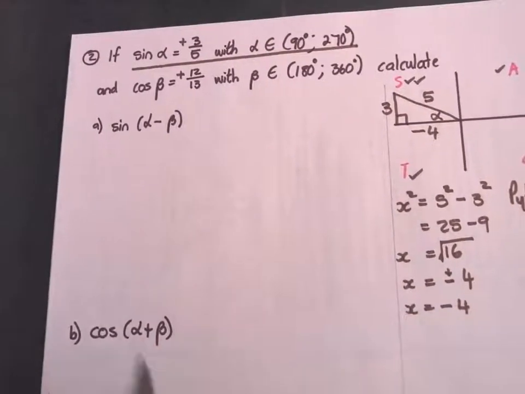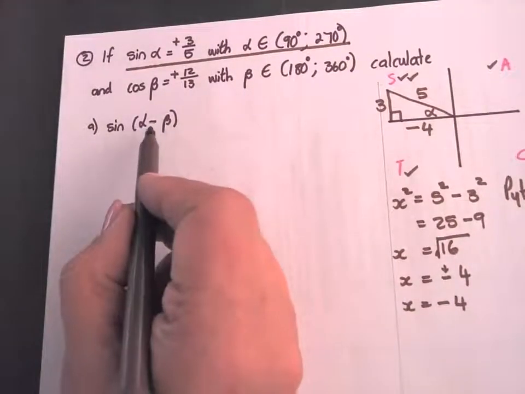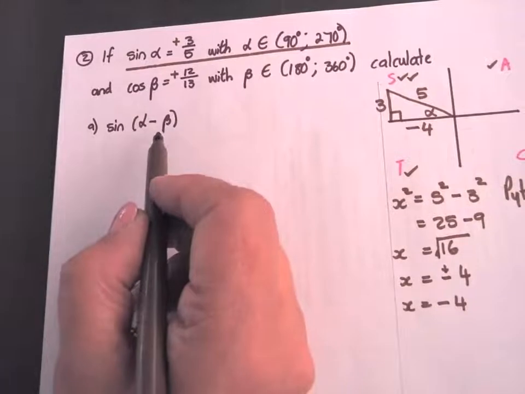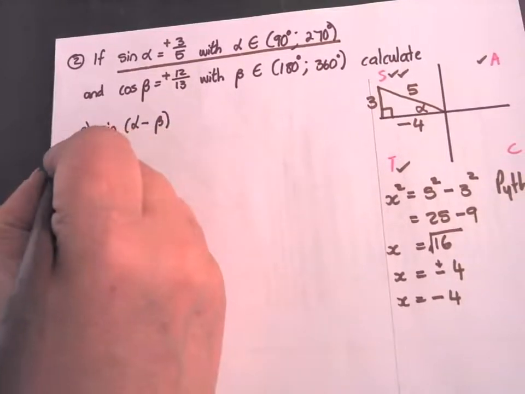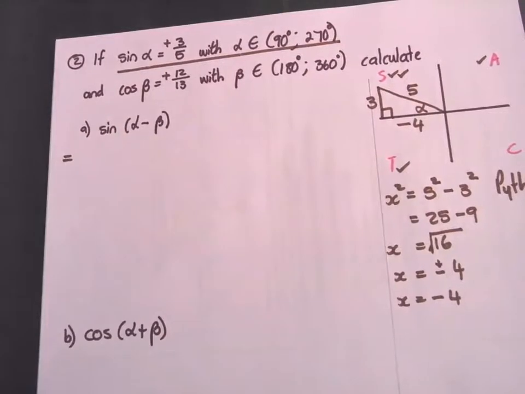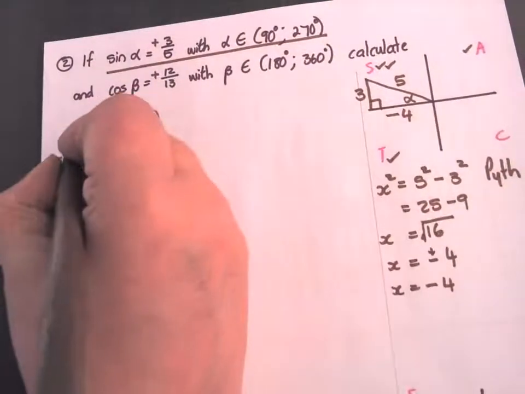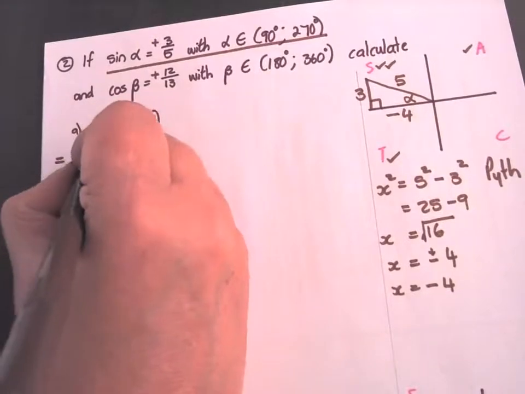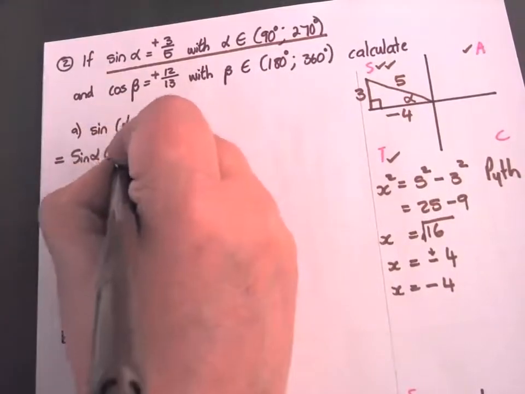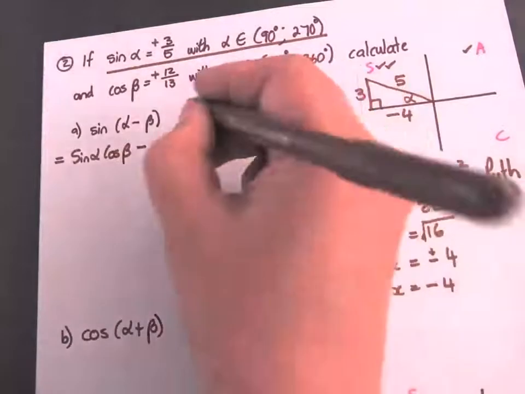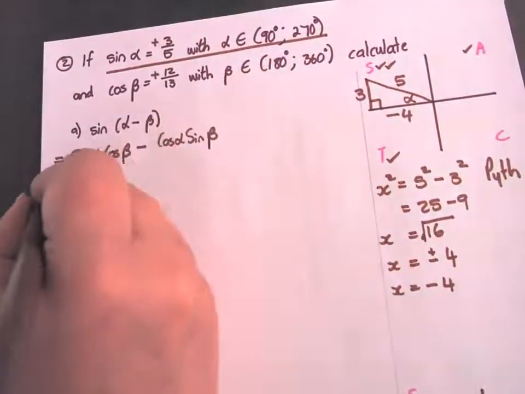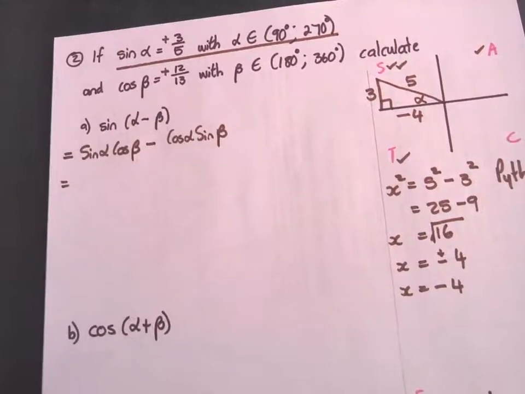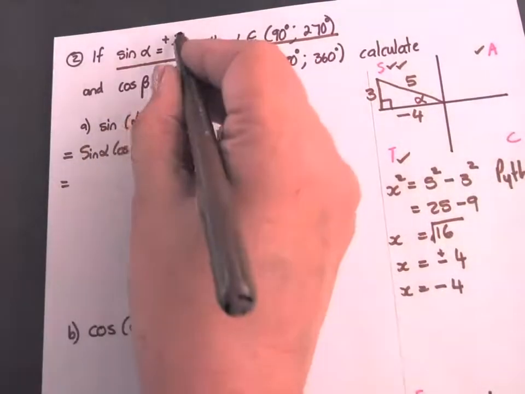The first one is sine alpha minus beta. So it's a compound angle. What is the recipe for sine compound angles? Sin cos, same sign, cos sin. Okay. Sine alpha is 3 over 5.